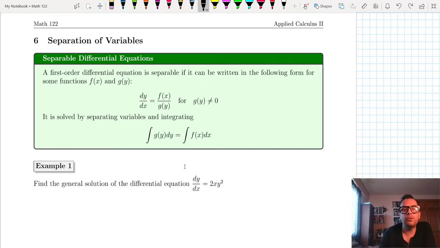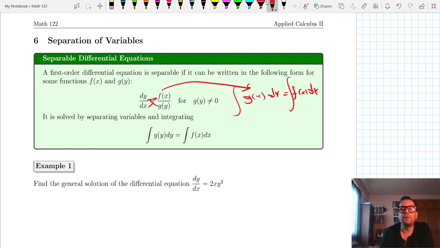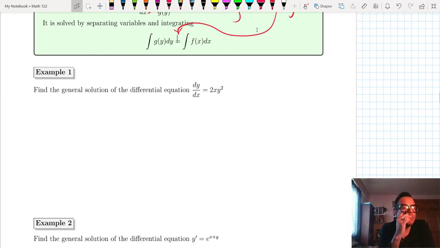So essentially, we cross multiply this to get g of y dy equals f of x dx. And then we do the inverse of it, which is integrate both sides, which is essentially what I did on the very first example.